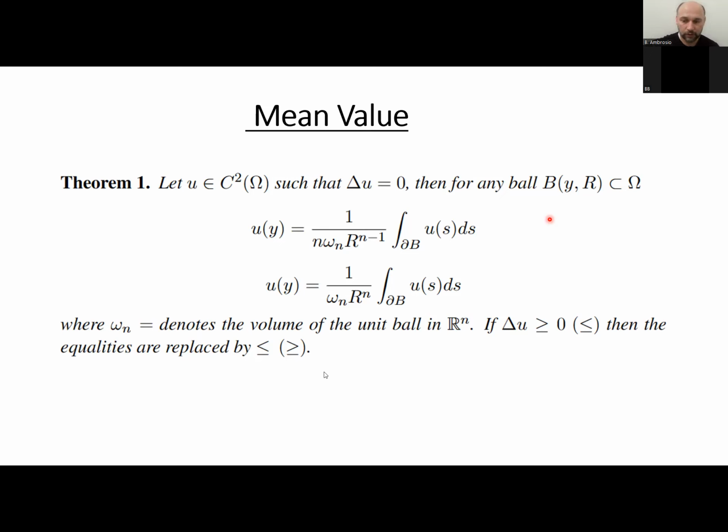Because if z belongs to this ball, and if I look at the distance between z and x2, this is less than the distance between z and y plus the distance between y and x2, and this is 3r.